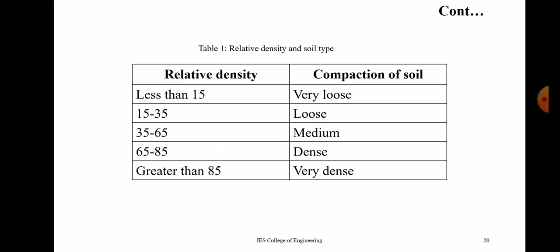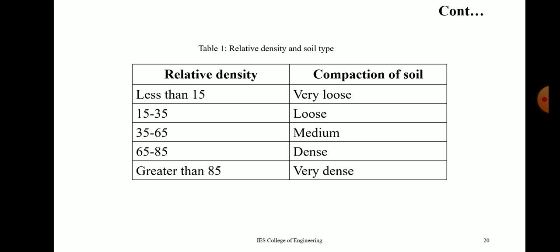This table shows the relative density and soil condition. If the relative density is less than 15, the soil condition is very loose. If it is between 15 and 35, the soil condition is loose.